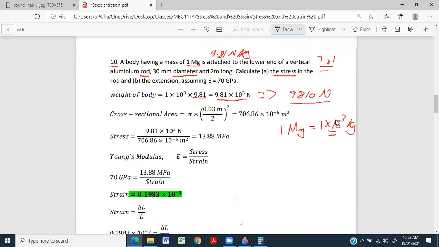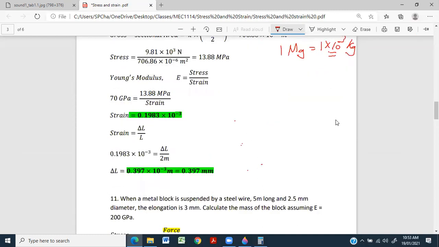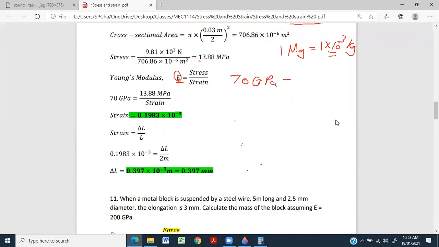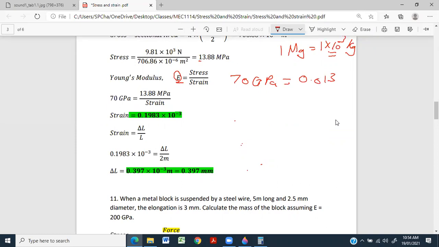So we just calculated stress, and now we want to calculate extension. We know extension comes from strain, so we're given Young's modulus E as 70 gigapascals, and we know here stress is equal to 13.88 megapascals, or 0.0138 gigapascals, right?